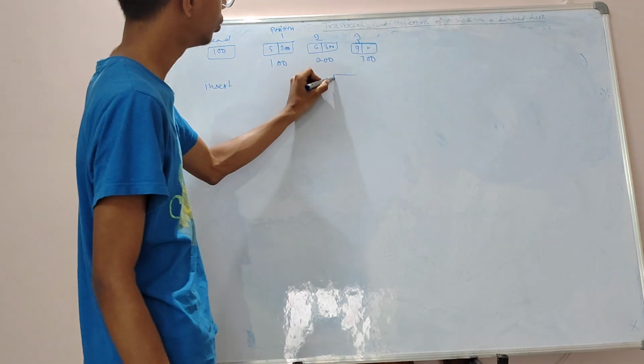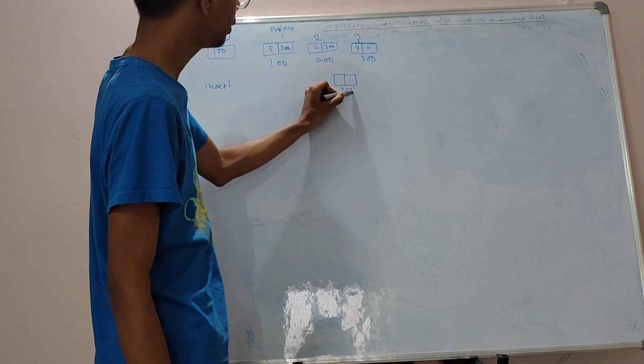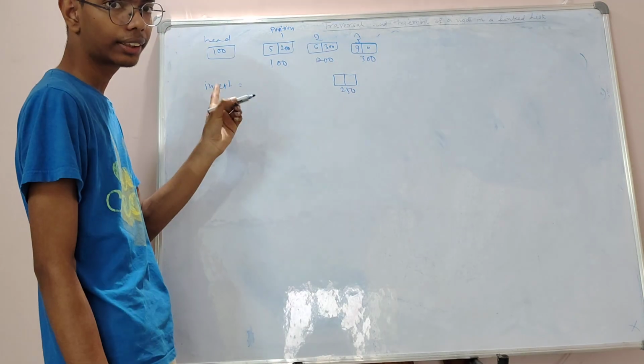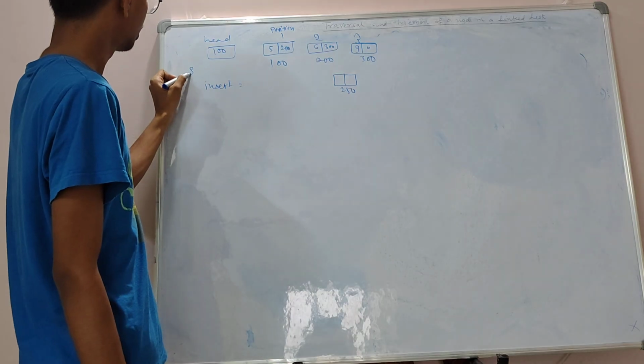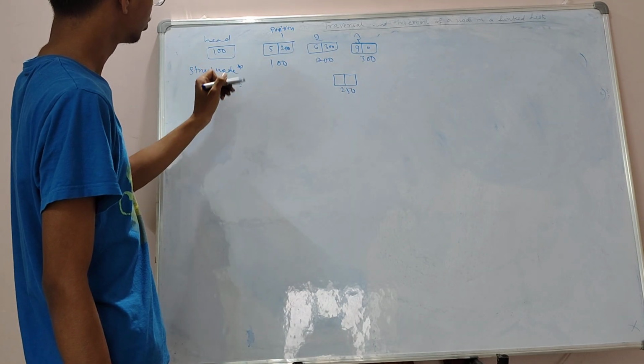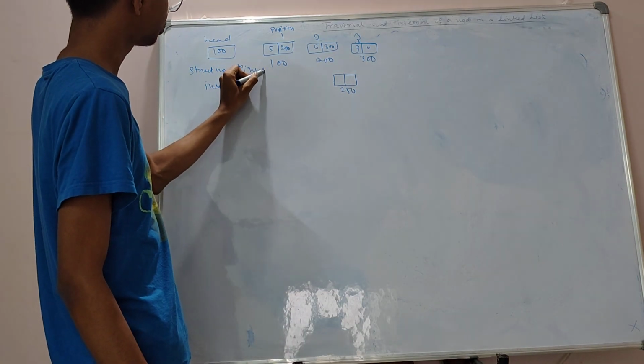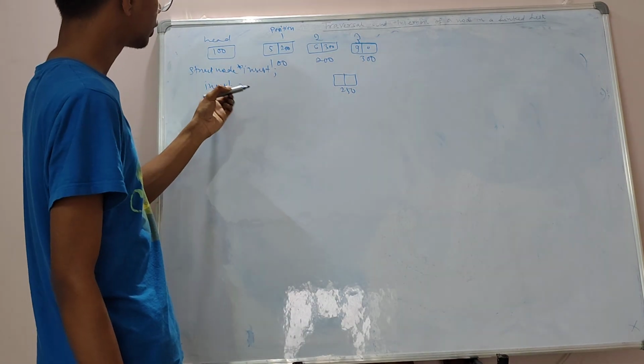Suppose I have created a node which has address 250. So I will store my address in a pointer which points to data type struct node, right, in suppose a pointer insert.